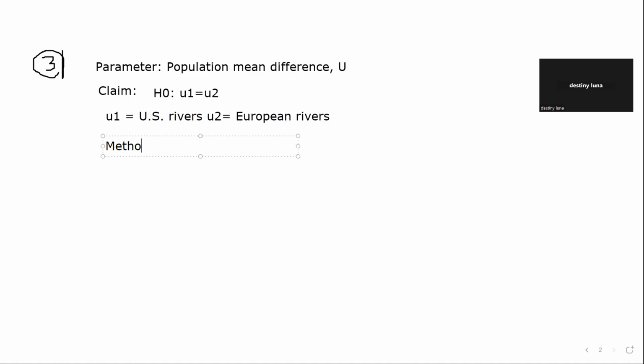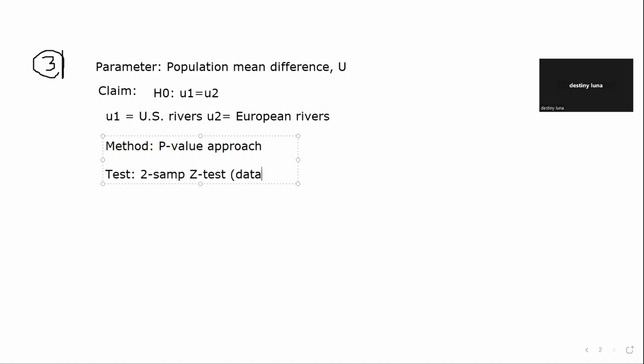And our method is the p-value approach. Always a p-value approach in this chapter when you're doing 2 populations. The test we use is the 2-sample z-test, and this one is with data.